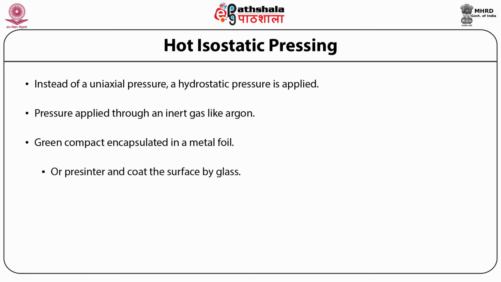Alternatively, pre-sintering of the part can be carried out to make it strong enough for handling, and it is coated with glass powder, which at high temperatures forms an envelope around the part, making hot isostatic pressing possible.